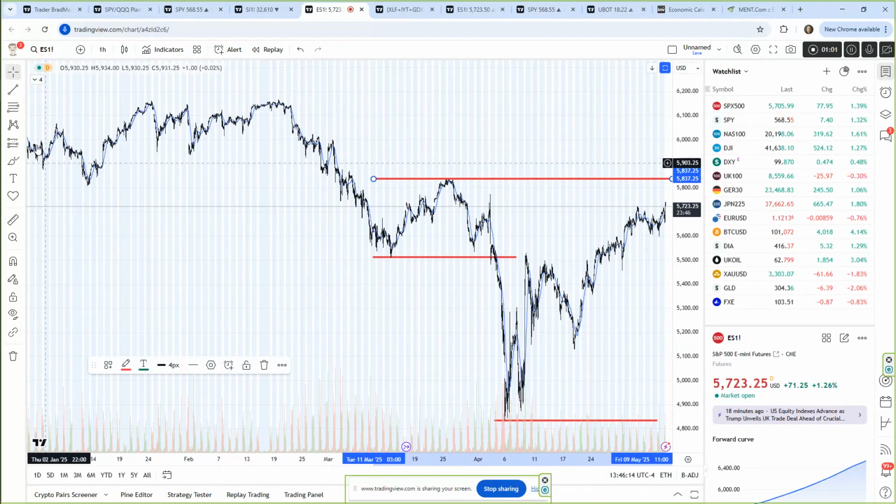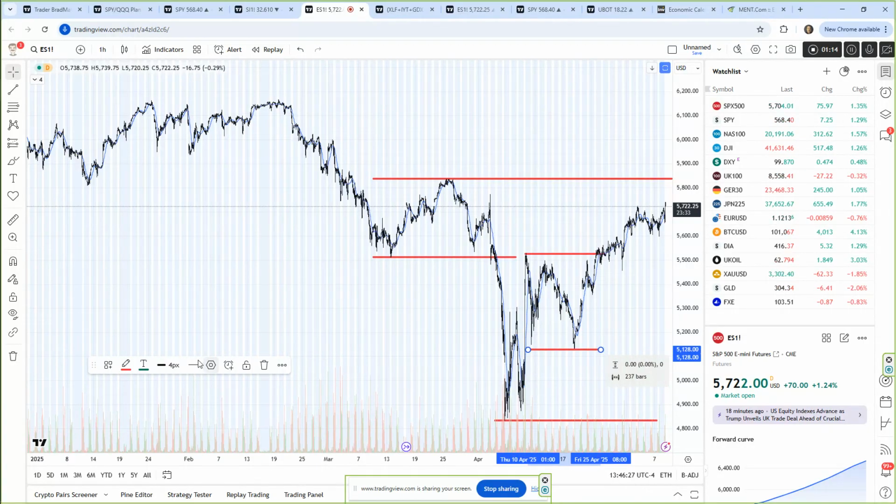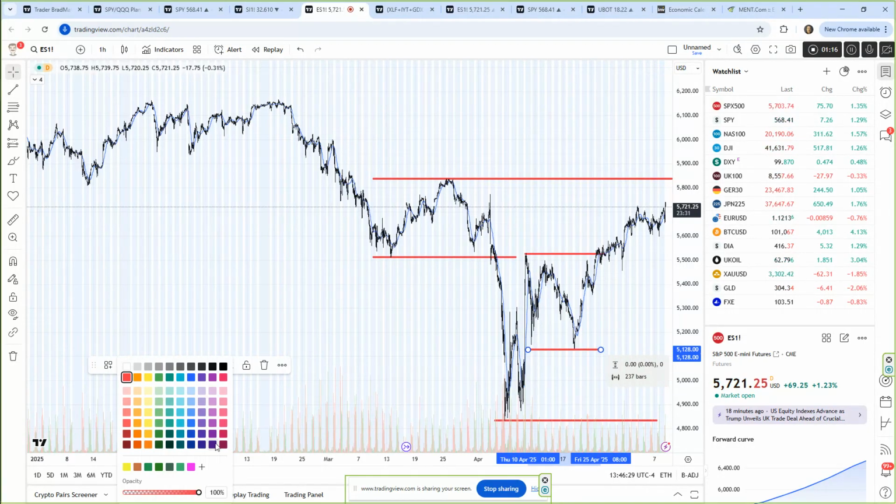We also have this little intermediate range here, consolidation across here, and really across here. So I'll try to draw them in different colors for you.